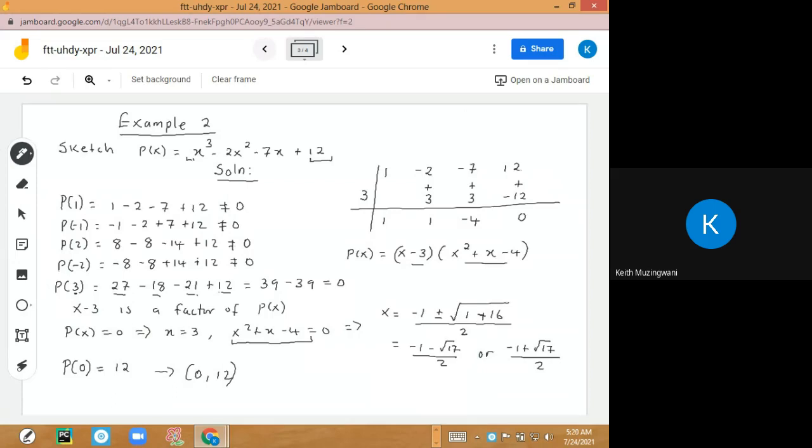So let's see what P of 1 is. Of course, we are already getting P of 1 here. If you try to get the final value, we'll have 12 minus 7, that is 5, minus 2, that is 3, plus 1, that is 4. So this one was giving us a 4.